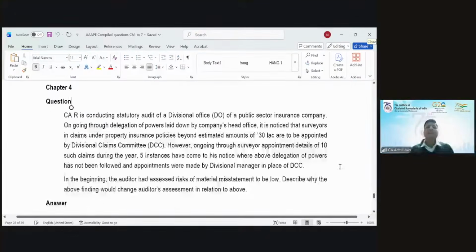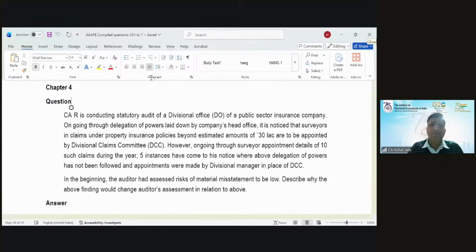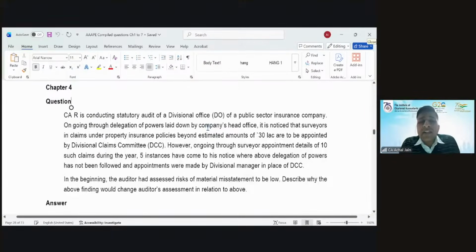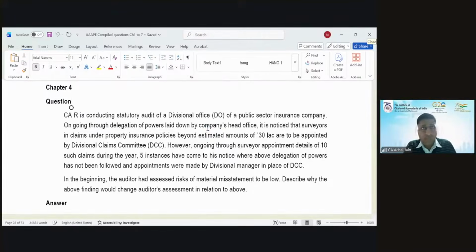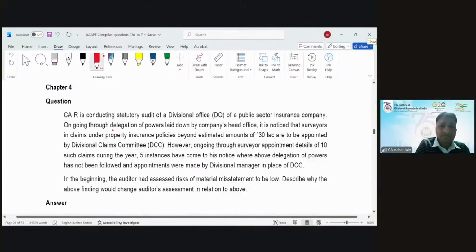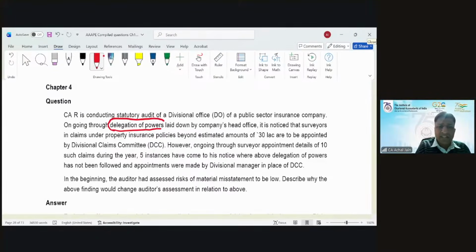CAR is conducting statutory audit of a divisional office. It's a public sector insurance company for which the audit is being done, right? On going through delegation of powers, delegation of powers means, you can say again in relation to the job responsibility in terms of the activities, who is required to do what all, what approval authority somebody is having, what all execution requirements, responsibilities somebody is having.